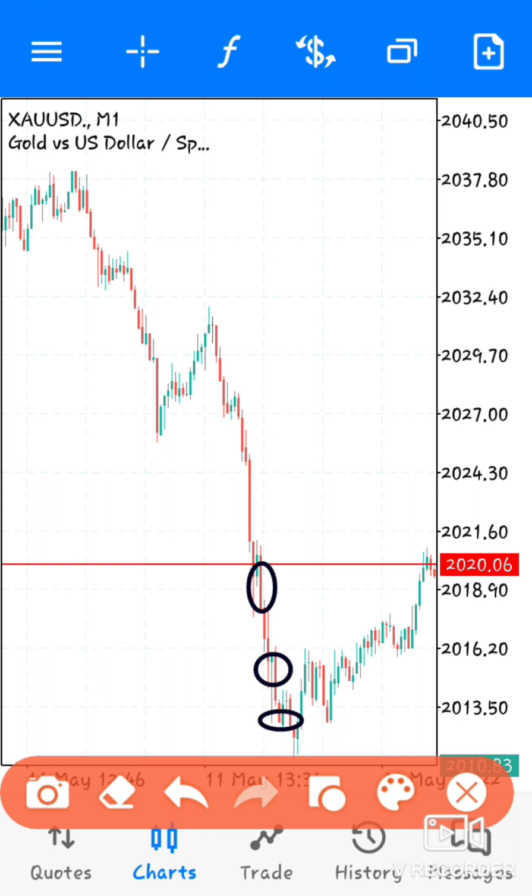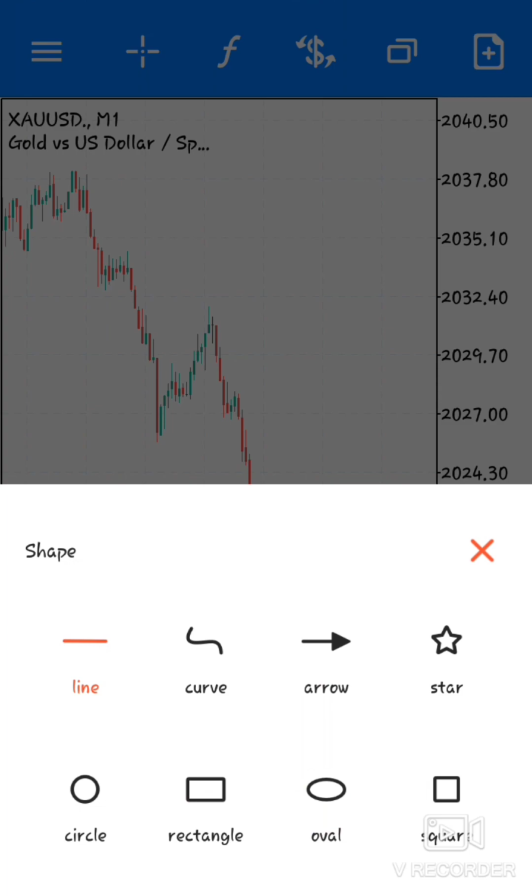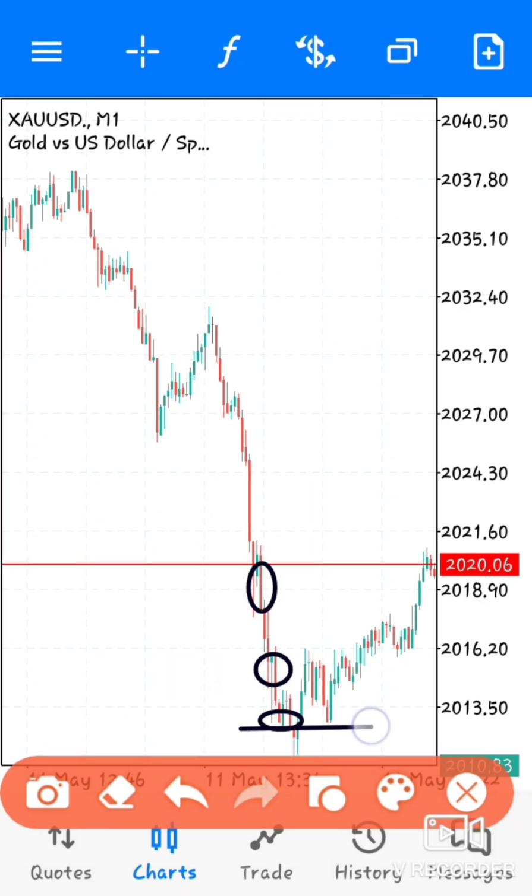After taking out people's stop loss, you want to see price pull back up, break the resistance level, come back here, and then you buy. That's how simple it is.